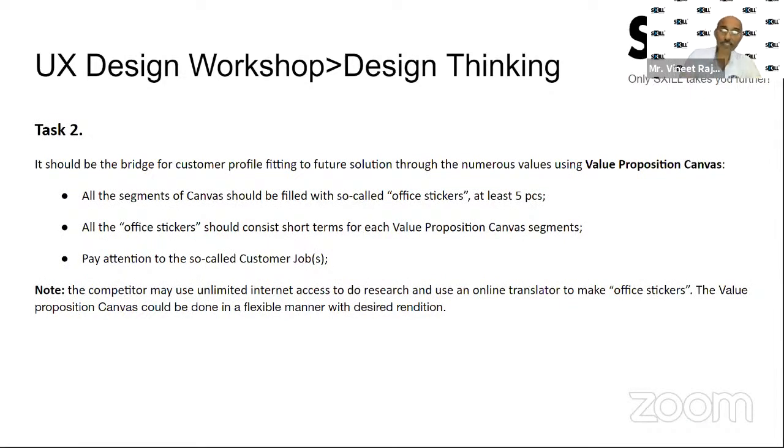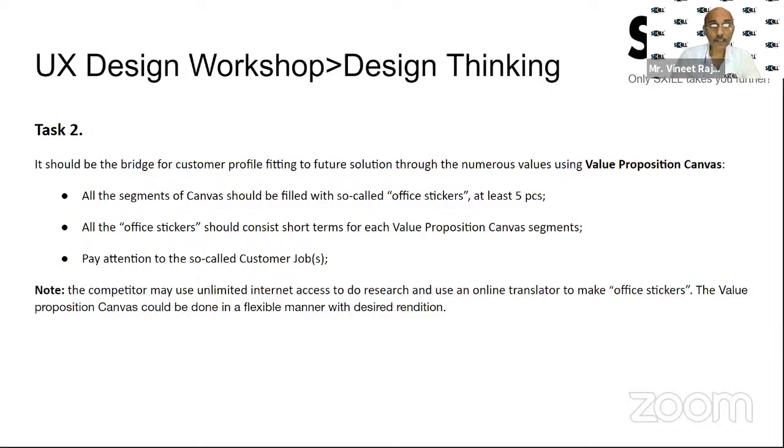They have certain specific requirements they've written. For example, on the canvas, all segments should have 5 office stickies. Which means if you have 4, you'll lose marks. Somebody will ask why it can't be 4. Yes, it can, but it is something like kabaddi, badminton, or anything where there are certain rules. If you stick to the rules, you'll score marks.